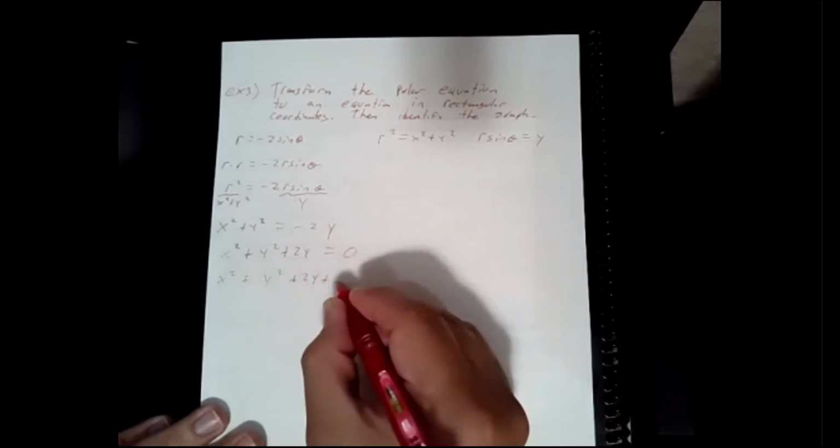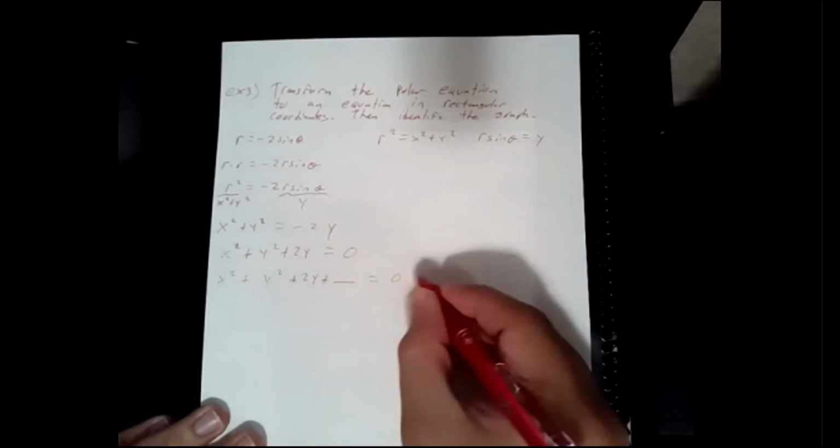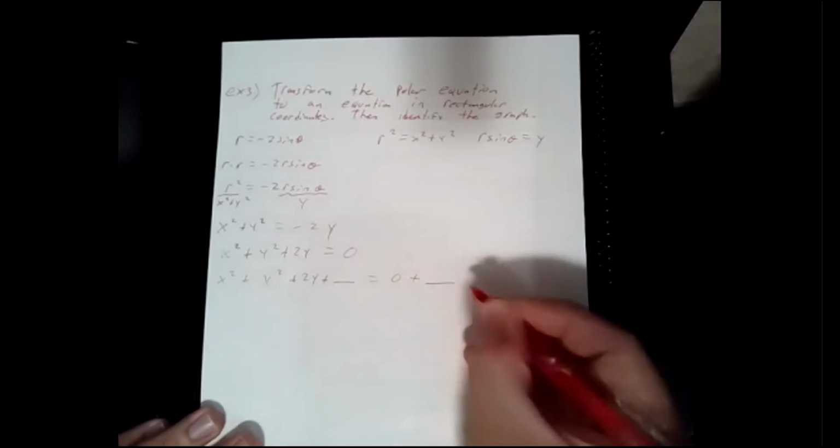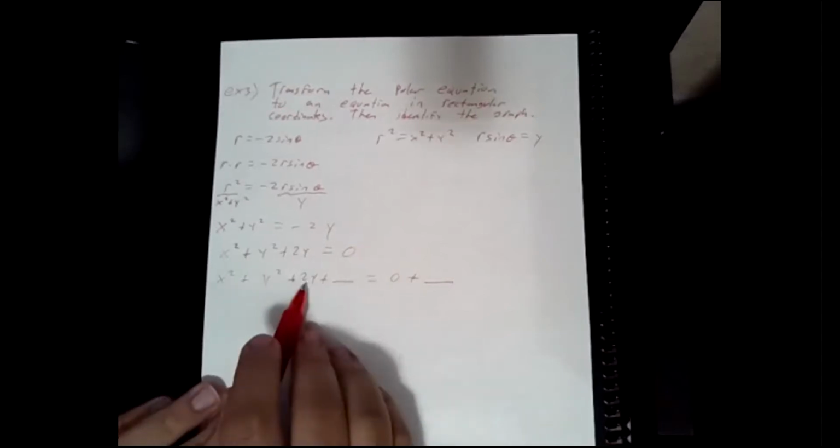So what is the value I need to add in order to complete the square? One. Yeah, it's going to be 1, right? Because half of b, right?